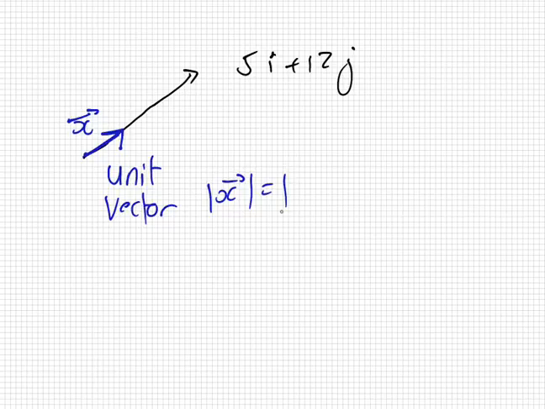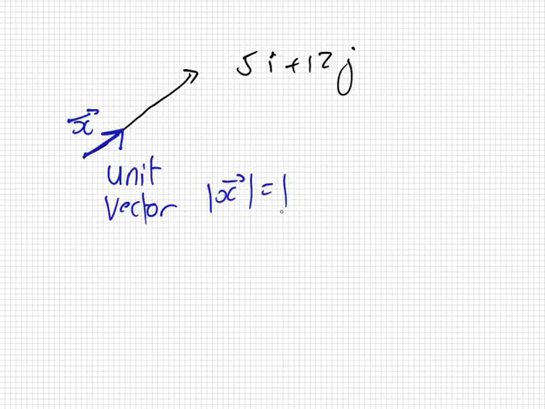No? How big is the vector 5i plus 12j? How big is that vector? 5. No, try again, Omar. 13. What happens when you multiply a vector by 2? What doubles? The length. And if you divide by 2 or if you multiply by half?